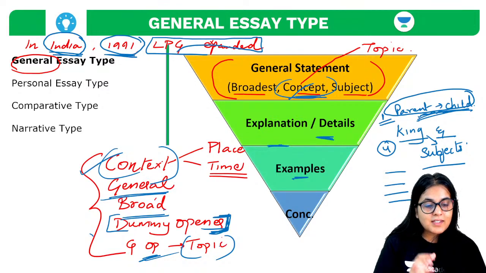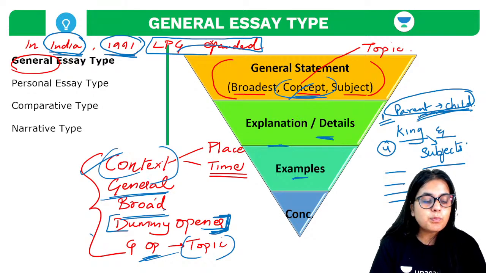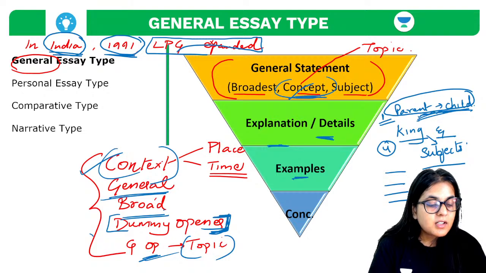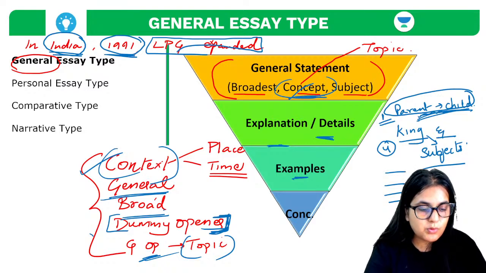So generally, these are the logical ways in which an opener is framed in the case of a general essay type question. Did all of you understand this? Clear with this, guys? Did you follow it? Yes, okay, followed it. Very good.